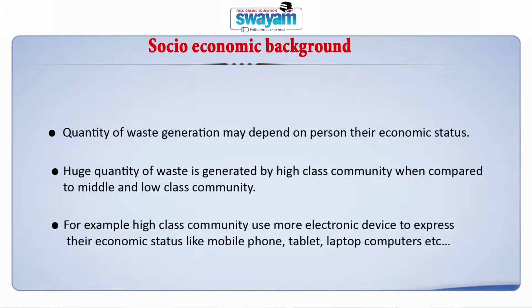They also use a lot of gadgets and electronic devices, resulting in a high amount of waste generation. Even packaging materials are used up more by the high class society. That is why the amount of waste generation is high in a high income group when compared to a middle or low economic status.